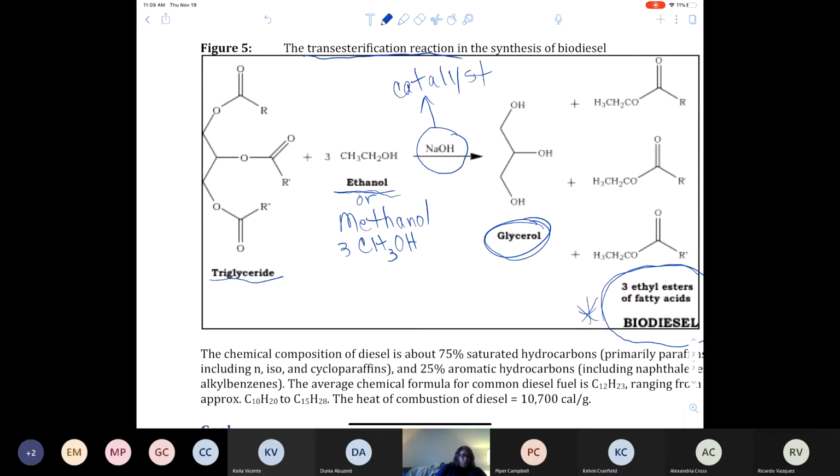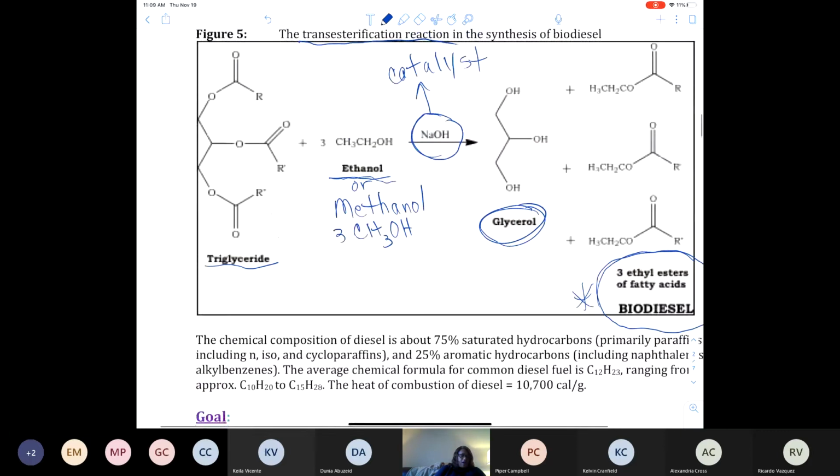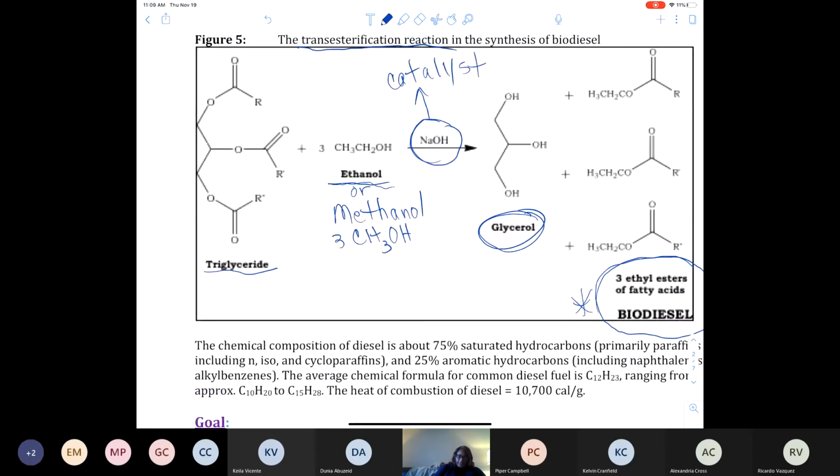What's going to happen is you're going to have the reaction taking place between the alcohol, and the alcohol is going to get converted into what's called an ester.